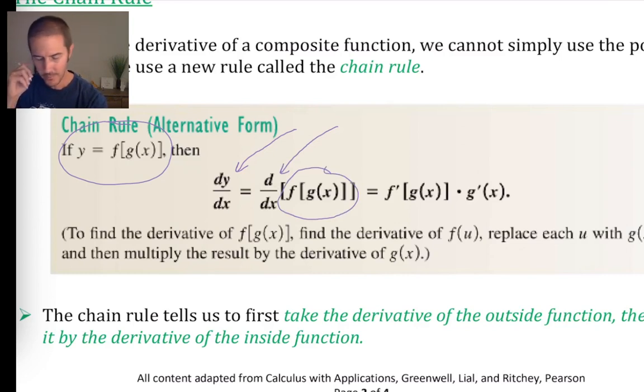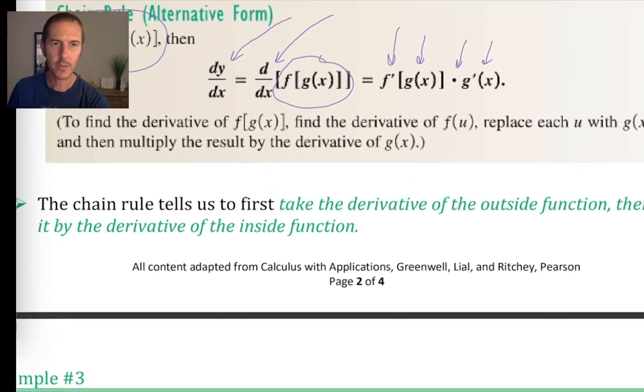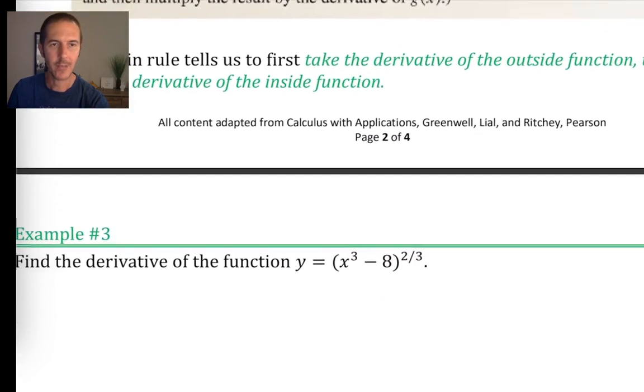The answer is you take the derivative of the outer function while leaving the inner function intact, and then you secondarily, or sort of after the fact, multiply by the derivative of the inner function. That's almost not helpful at all. So let's have a look at it in an example.